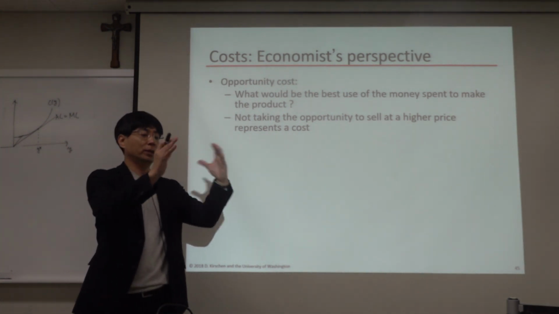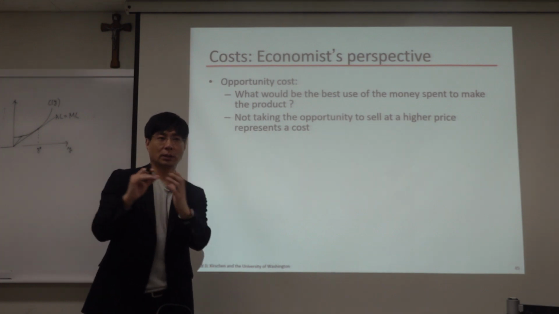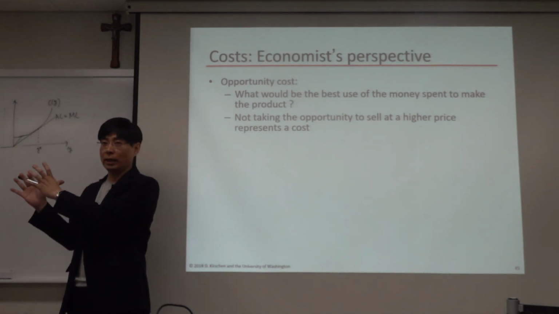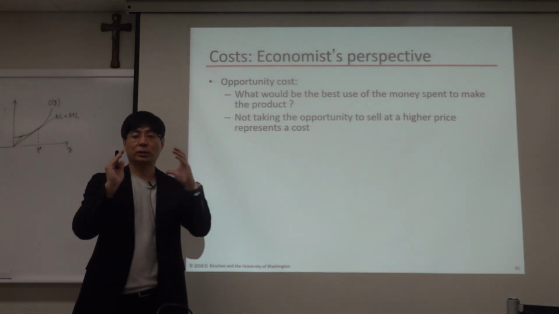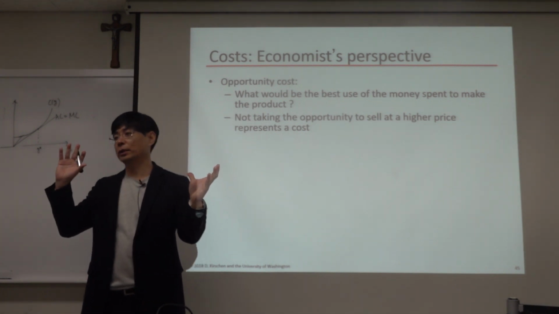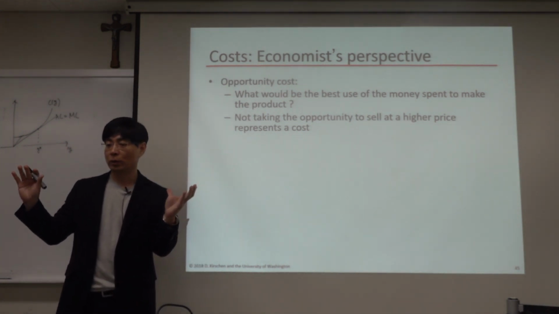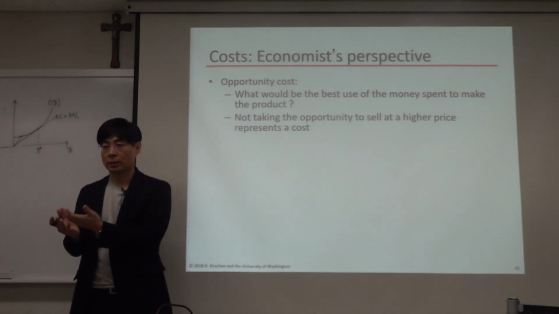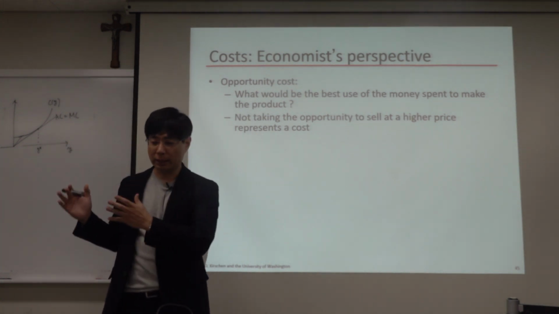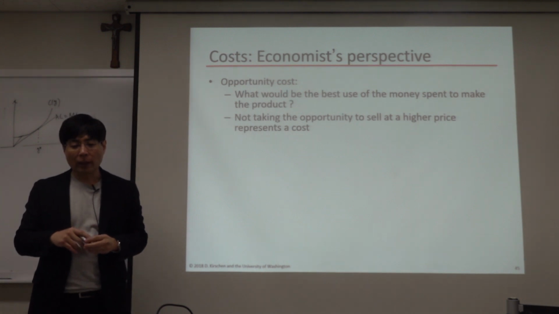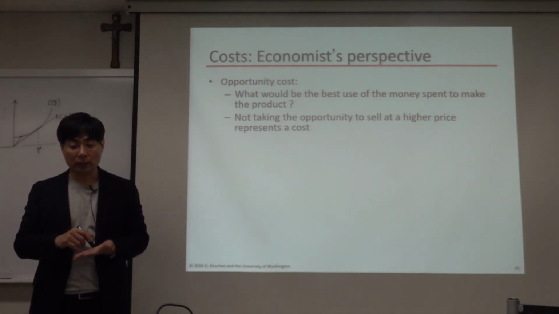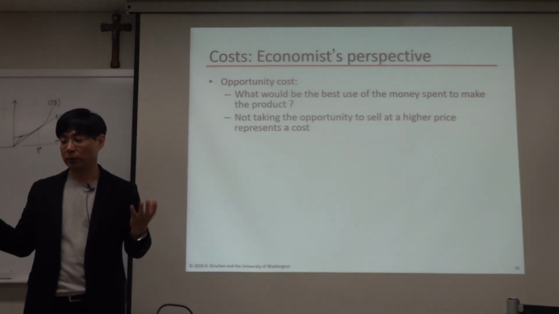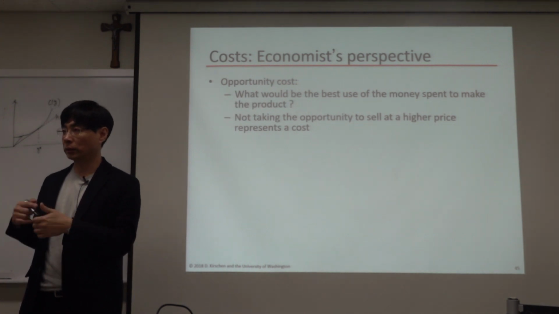When you do A, you get $100. When you do B, you get $80. Then by choosing A, you sacrifice choosing B, so you lose this $80. That's the opportunity cost. So 100 minus 80. You need to maximize your profit considering opportunity cost together.